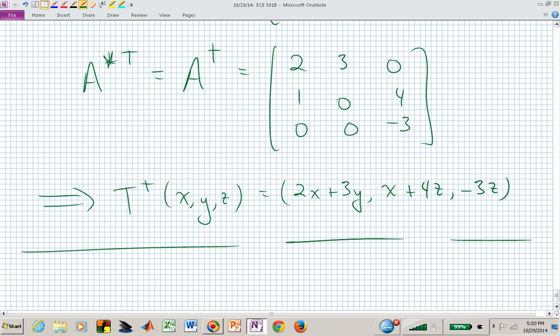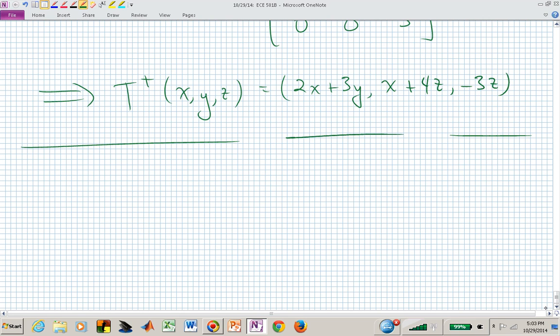Is that okay? So that's a way of finding these adjoint maps. If somebody gives you a linear map, you now can confidently find its adjoint.